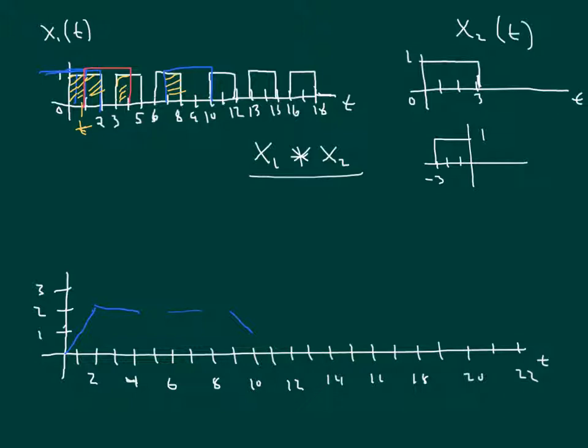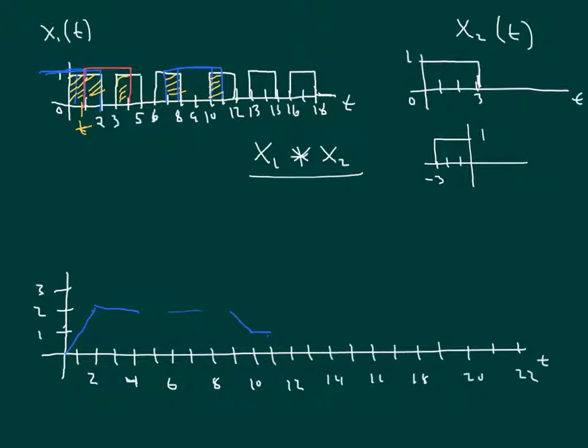And then if we extend that over here until t equals 11, we can see it's the same thing. Again, the only overlapping part is right here, and that's again going to be width 1, height 1. Up until t equals 11, our convolution is still going to equal 1.